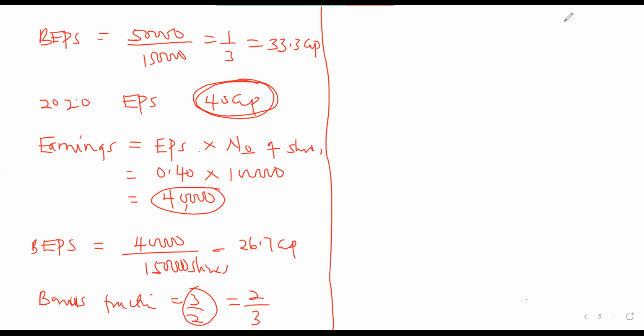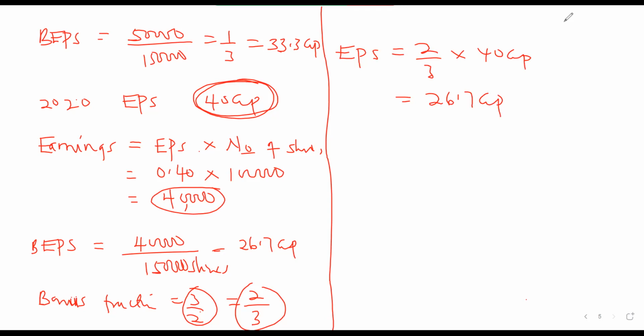So you change the fraction upside down and use that fraction to multiply the previous year's earnings per share. So that will be 2/3 times 40 pesos. You will be getting the same value as 26.7 GP.